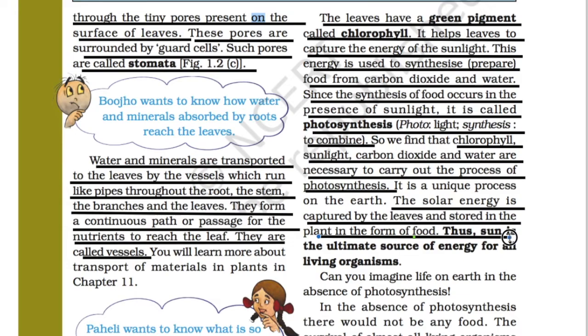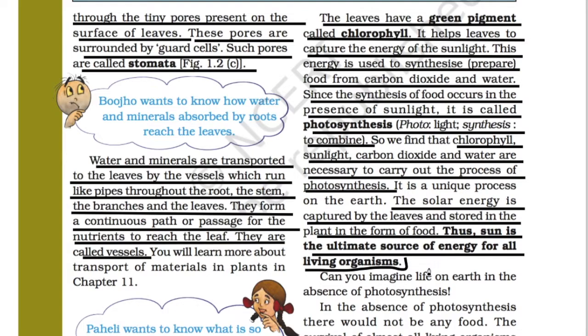Thus, the sun is the ultimate source of energy for all living organisms. Try to understand this point again. Plants capture energy of sunlight. With the help of that energy, they prepare their food.